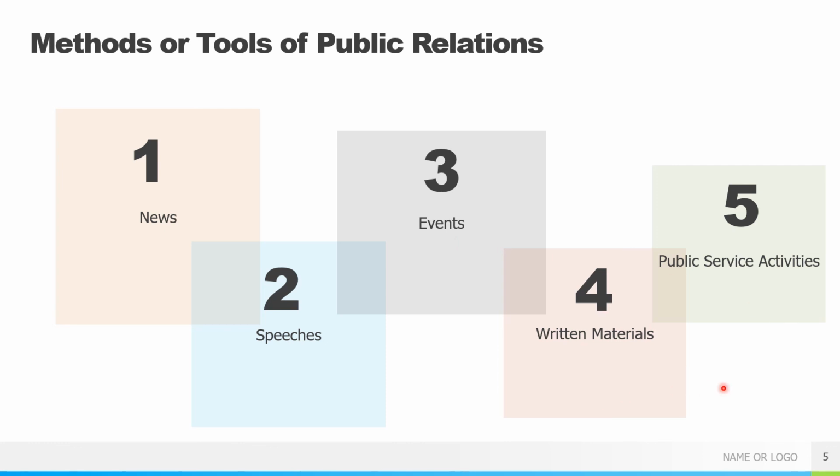Written material involves the publishing of balance sheet or annual reports in newspapers or different magazines, different business magazines. It can be brochures, it can be certain kind of pamphlets related to the company, which are spread, which helps improving the public image of the company. Last one is public service activities.